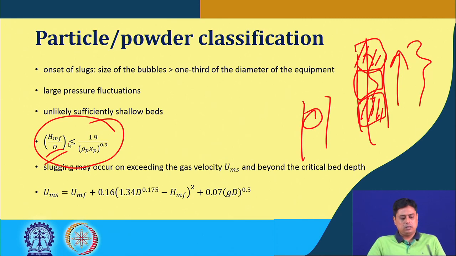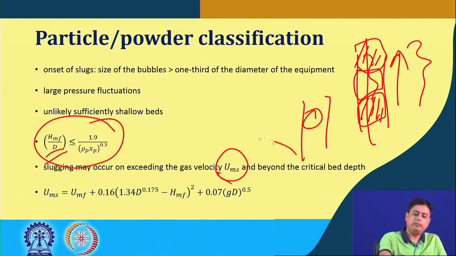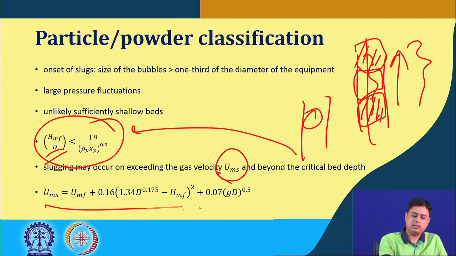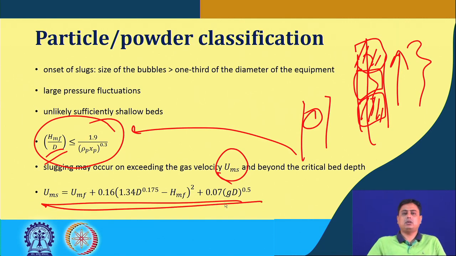Now, this slugging phenomenon can occur on exceeding the gas velocity UMS and beyond this critical bed depth, where UMS is defined in terms of minimum fluidization velocity and this critical depth.